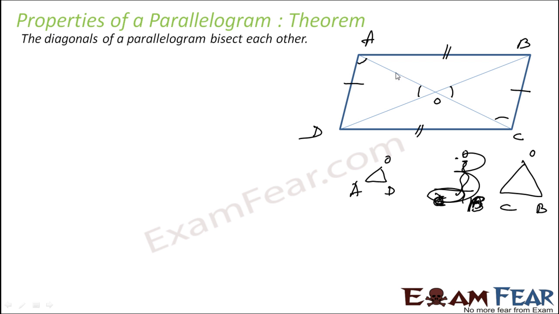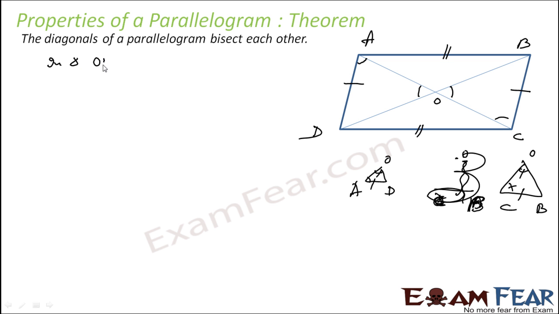You'll notice that angle AOD is equal to angle BOC. AD is equal to BC, given. And let's see some other angle. This angle DAO will be equal to what? This angle OCB. So by the congruency theorem they are congruent, right?